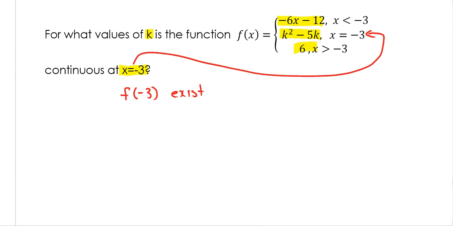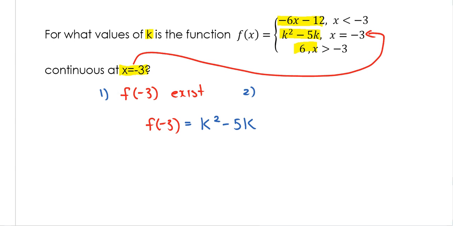So what we're going to do is set f of -3 equal to that middle part there, which is k squared minus 5k. Alright, so let's just make f of -3 equal to k squared minus 5k. Alright, so that was condition number 1.